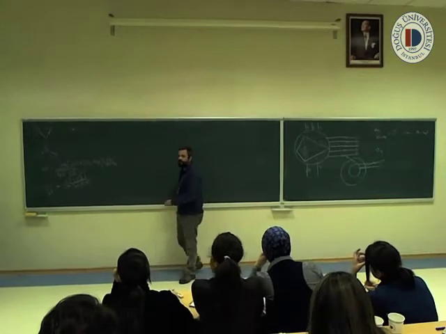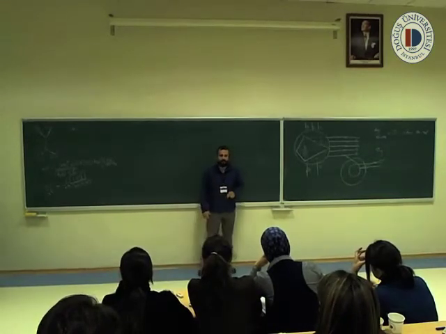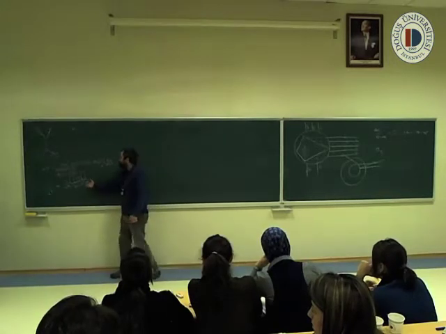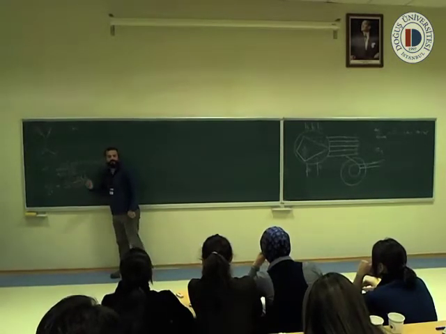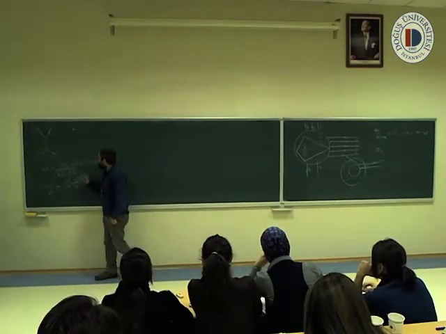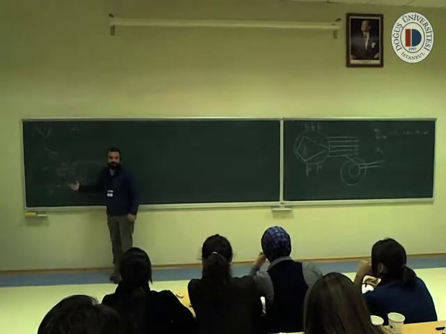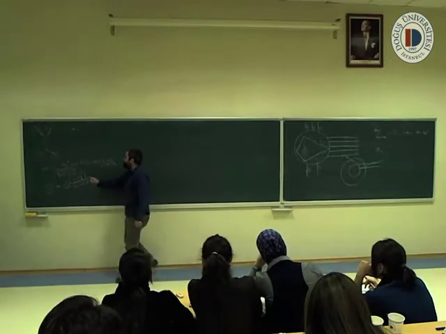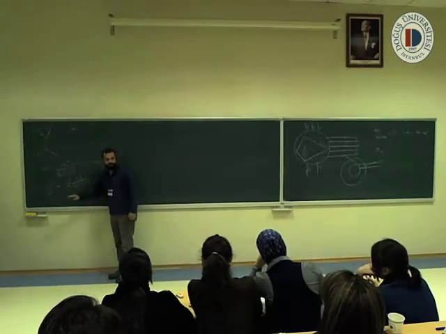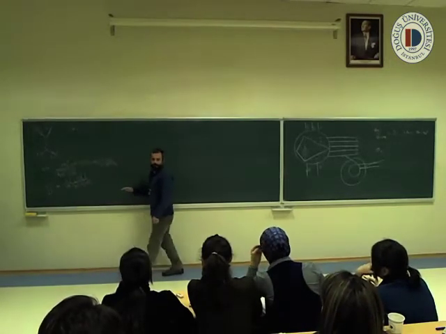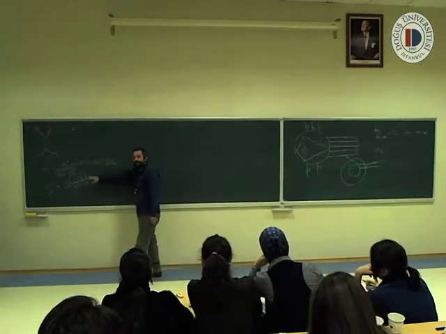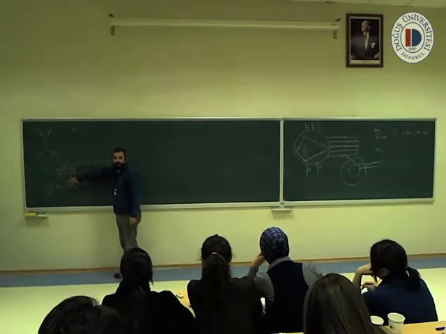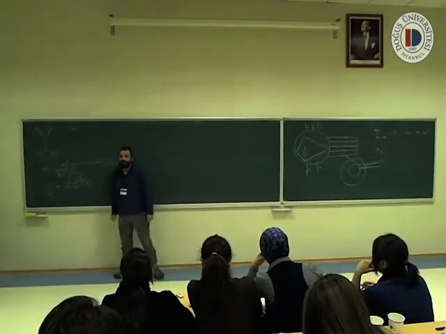So once you accept the rules, I will not be deriving the rules, then it's just a matter of seconds to write down the contribution to this invariant matrix element. Well, calculating that invariant matrix element is another story. It will take a long time. But the Feynman rules make it almost trivial to write down the expression for the matrix element.